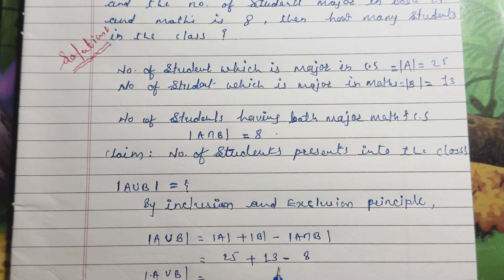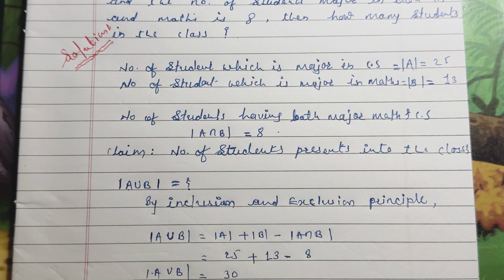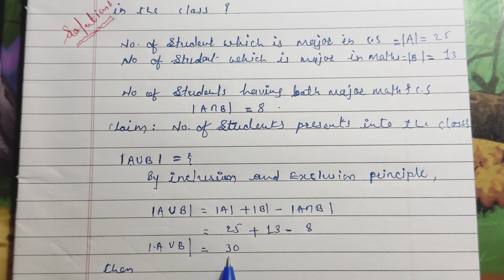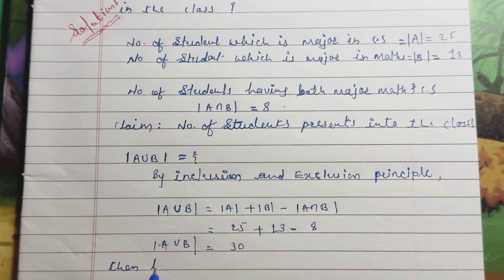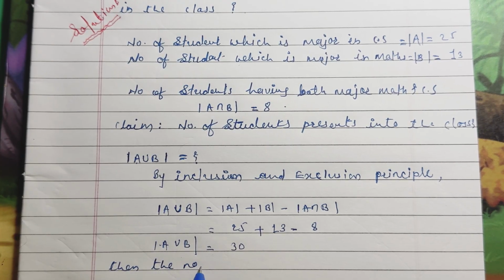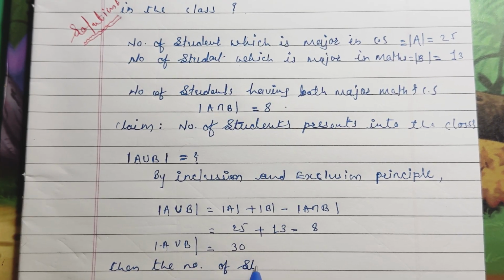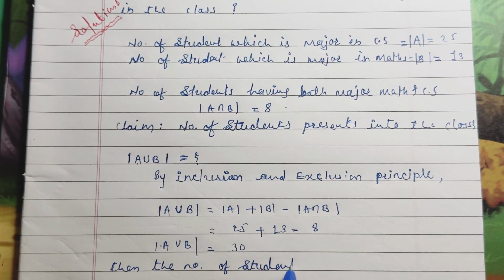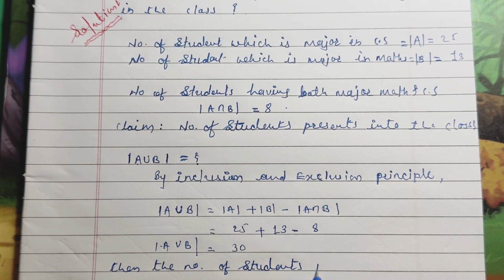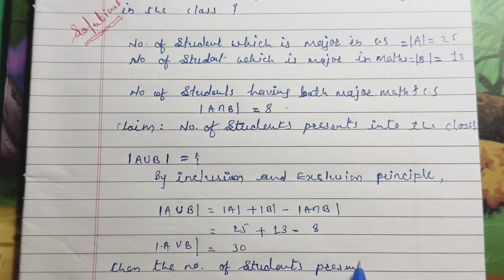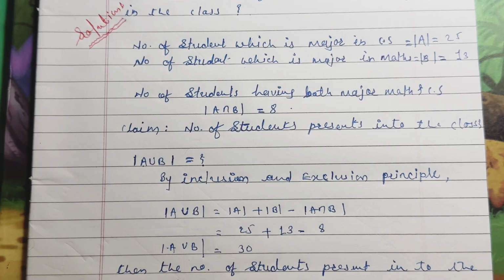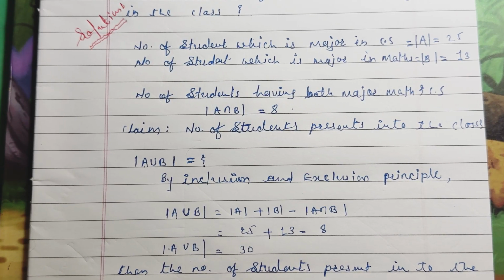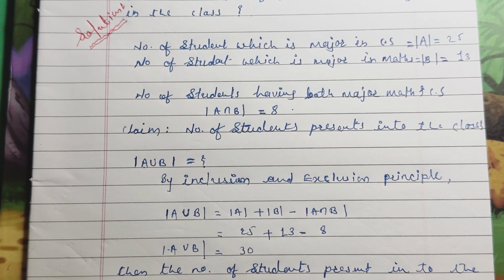Then 25 plus 13 minus 8, so we get the total A union B as 30. That means the number of students present in the class is 30. This is our required answer.